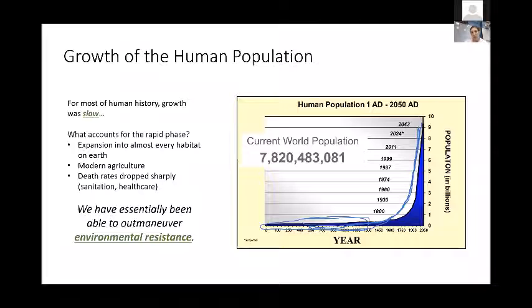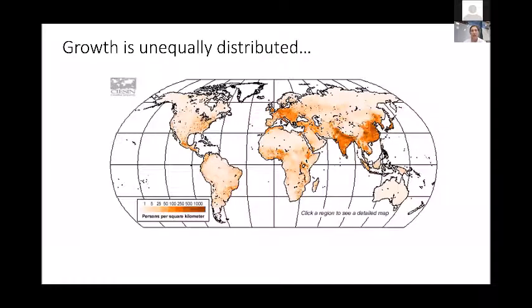And we've also been able to greatly reduce our death rates through medical advances, increased sanitation, and more broadly accessed healthcare. So essentially, we've been able to outmaneuver that environmental resistance that normally causes population growth to show that logistic curve.